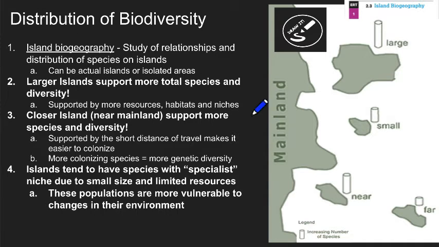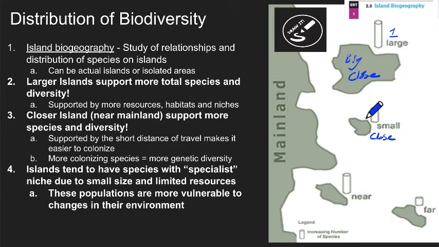The idea here is basically that larger islands can support more biodiversity. So this is the number one most diverse. And why is it most diverse? Because it's big and close. This one right here is small and close, so small but also close.